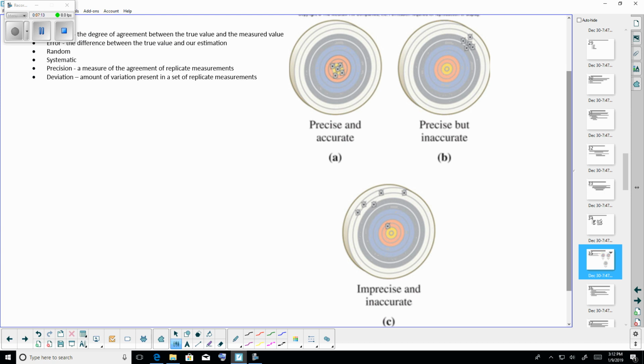Okay, so next day you come in, you sit down, and you don't set the balance to 0. So it's actually starting out at 0.2.